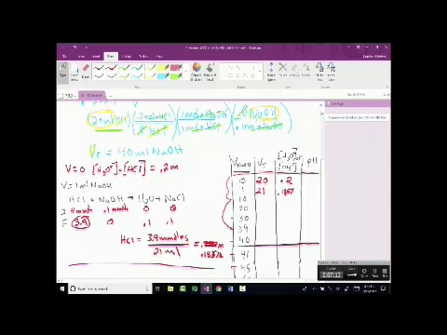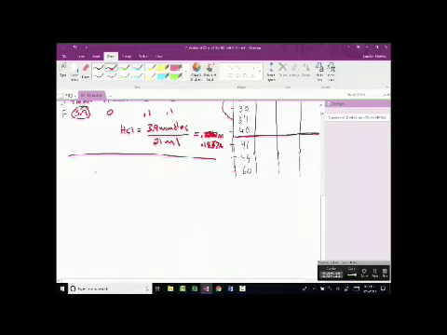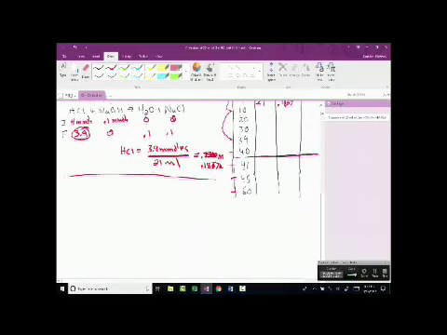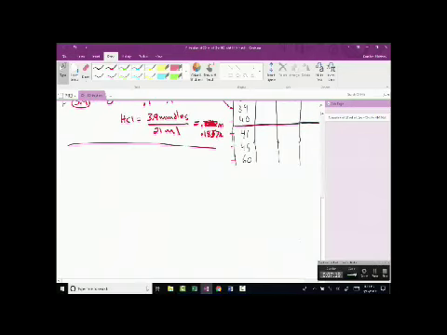So what I'm going to do down here is set up this reaction and put my numbers in as I go. And so I have HCl plus NaOH yields NaCl plus water, which I really don't care about. And I'm going to have my volume of NaOH here on this side.